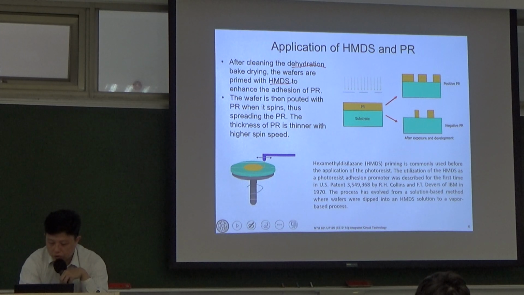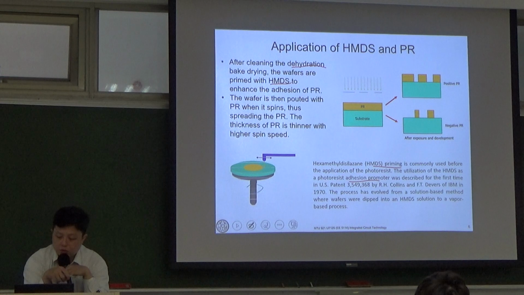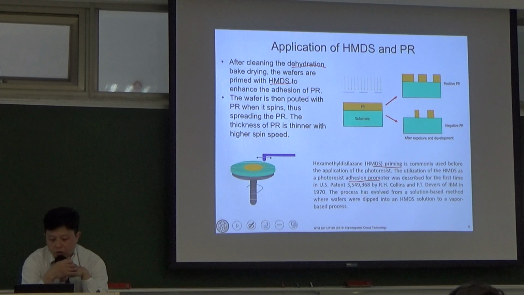Okay, this HMDS is commonly used before we apply the photoresist, because it's an adhesion promoter. So before we really put on our photoresist, we have to spin coat the HMDS first, because that will increase the adhesion between your photoresist and your wafers.